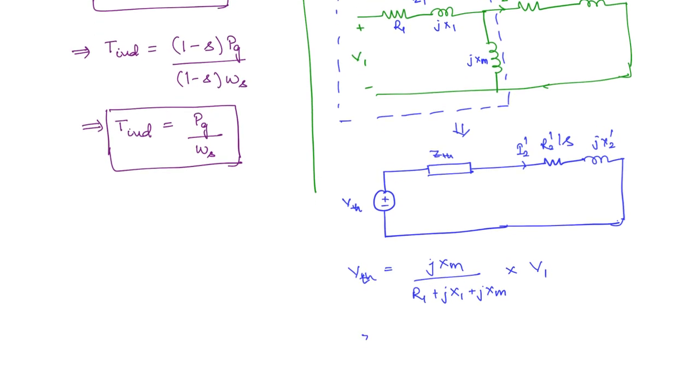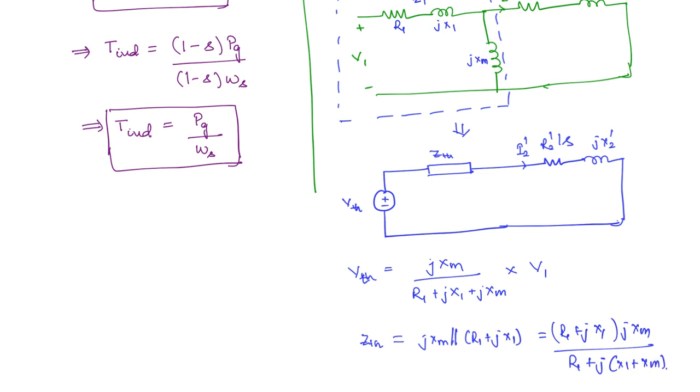ZTH equals, you have to short circuit the source. Then these two impedances will appear in parallel. So you get jXm in parallel with R1 plus jX1, which you can write as (R1 plus jX1) into jXm divided by (R1 plus j times (X1 plus Xm)). So these are the Thevenin's values.